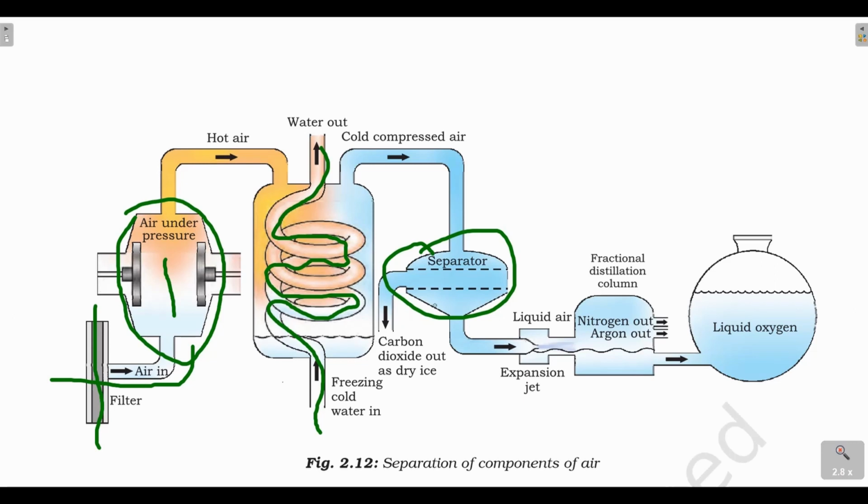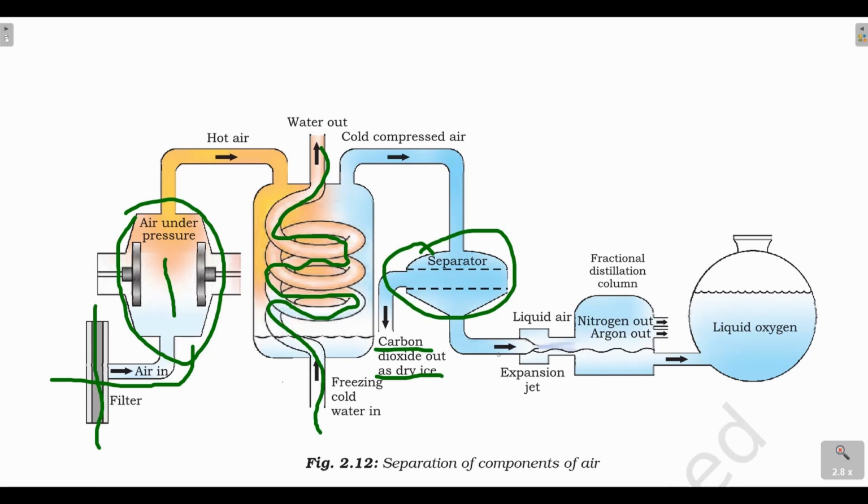So unlike other gases like nitrogen and oxygen, carbon dioxide will not stay in the liquid state. When the air is cooled down, it directly converts to the solid state, which we call dry ice. So carbon dioxide is separated.